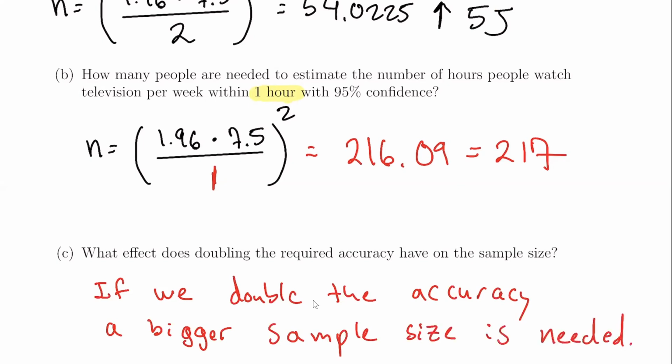Yeah. So if we double the accuracy, a bigger sample size is needed, because if you want to get a more accurate answer, that leads to a bigger sample size. The more accurate we want to be, the bigger sample size we're going to need. All right, that's it. Any questions for A, B, or C?